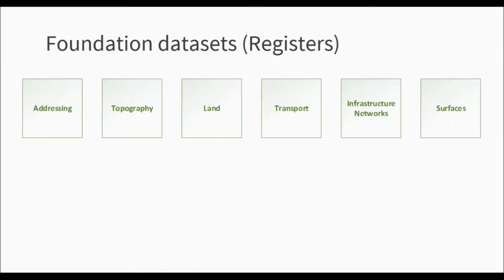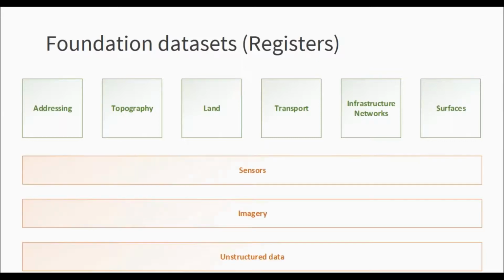Addressing data is usually very handy and very versatile in order to describe location. Topography, in terms of a topographic map, describes the surface and what's basically there in the landscape. A register of land, perhaps together with who owns the land in the sense of a more traditional cadastre, is important. There's a transport aspect, there are the infrastructure networks, and there are surfaces that have to do with height.